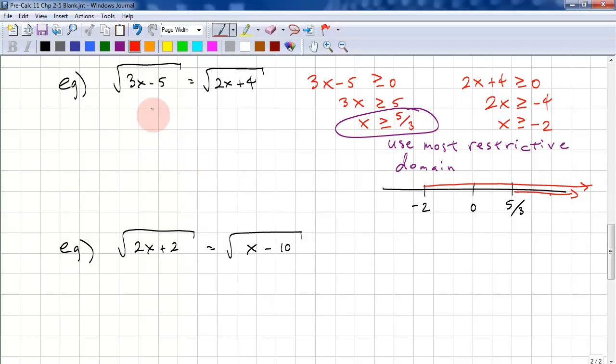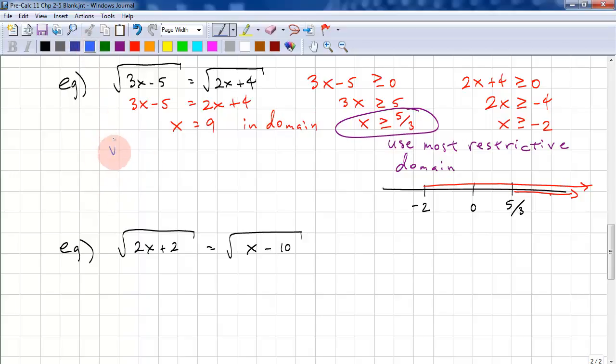Okay, let's answer the question. Square both sides. 3x minus 5 equals 2x plus 4. We'll bring the 2x over to this side, so 3x minus 2x is just x. This -5 becomes +5, so x equals 9. And this is in the domain. But let's check for extraneous roots.